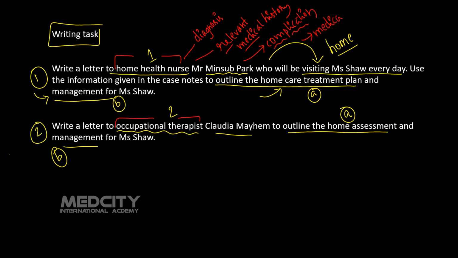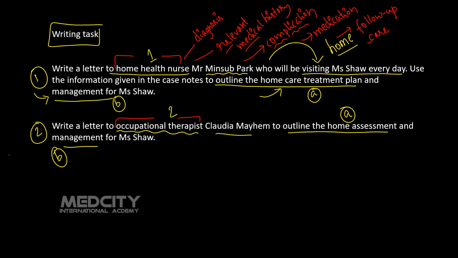So what are the medicines that she will need to take, and follow-up care. So now she's at home, she's under my care. Anything else that I need to assist her with? Is there any other specialist who will have to come and have a look at her? So these are the kind of information I will require as a home health nurse.